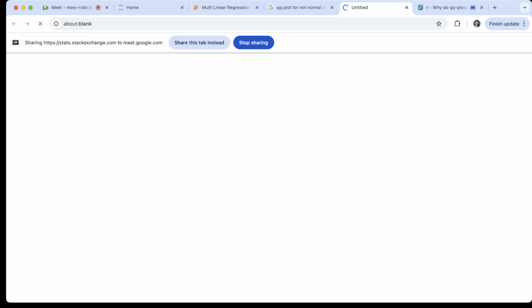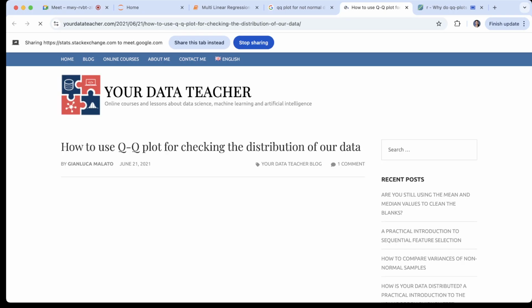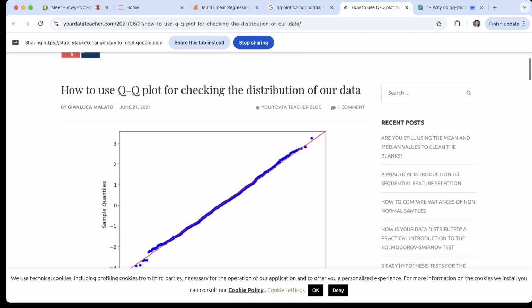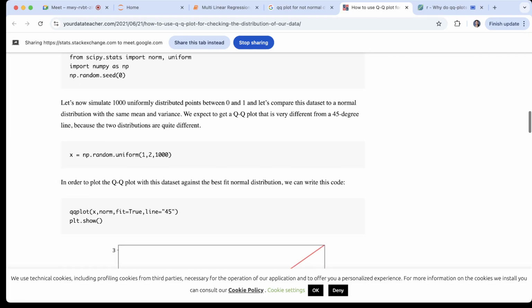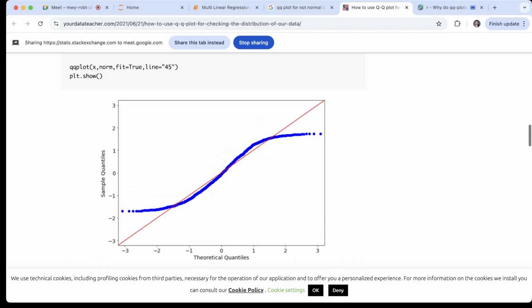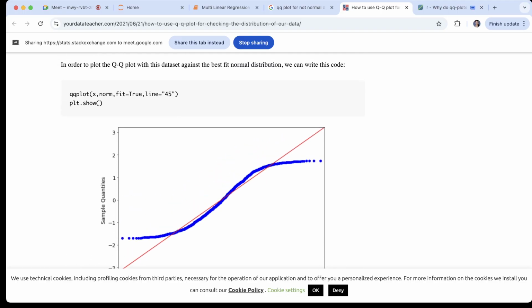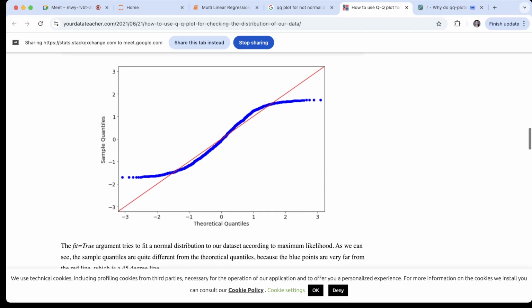If your graph comes like this, which deviates, then this is not from the normal distribution.